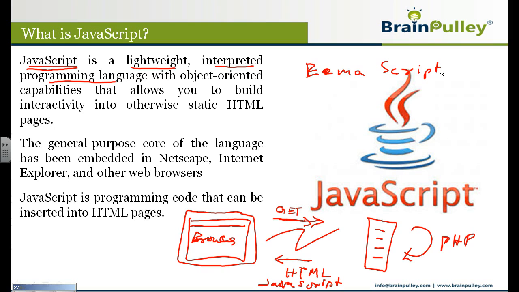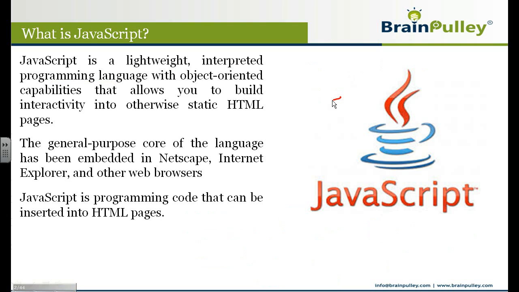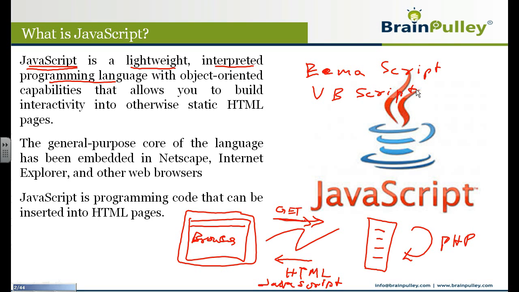They all jointly developed something called JavaScript. But it is called JavaScript only because of its resemblance with the language Java. Other than that, it has nothing to do with Java. It is a unique language in its own right.